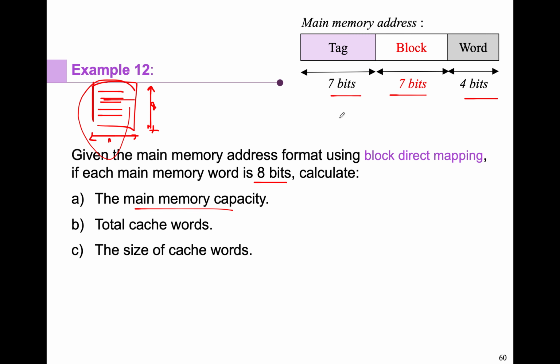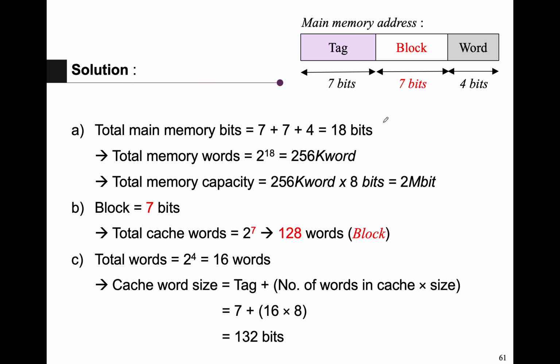Altogether it is 18 bits. Okay, this is the total memory bits. But when you want to come up with the memory capacity, these 18 bits, you need to change first to the words.